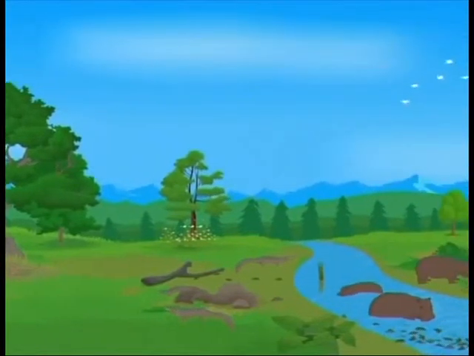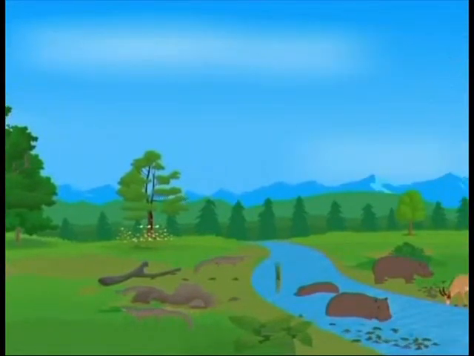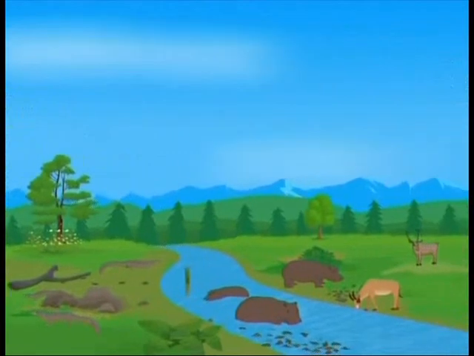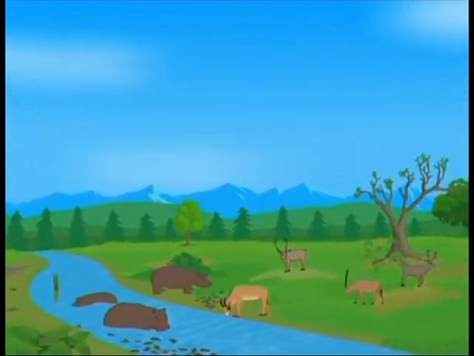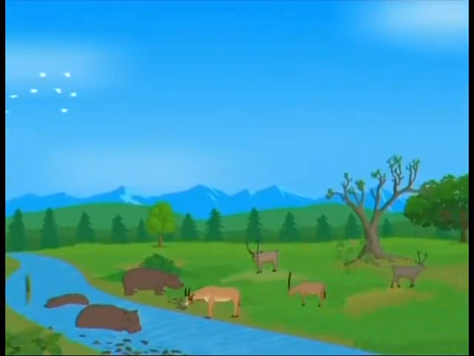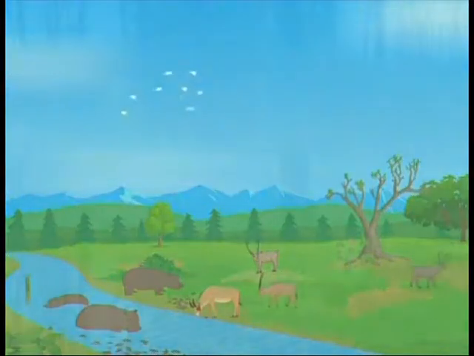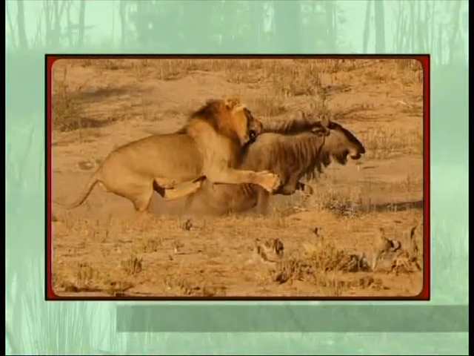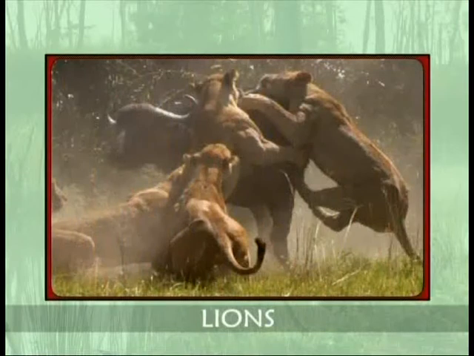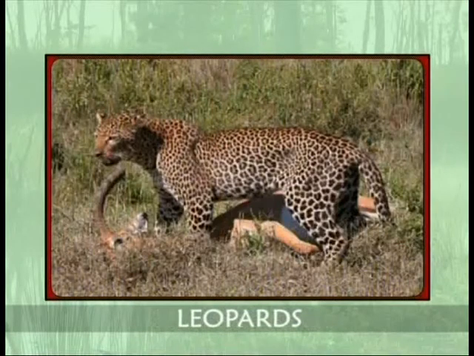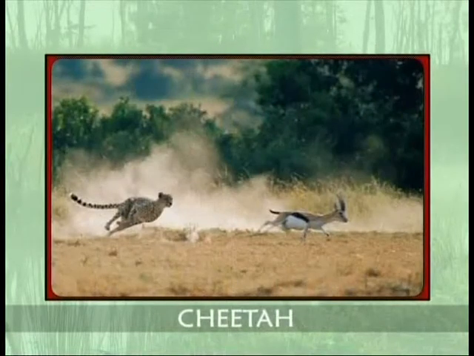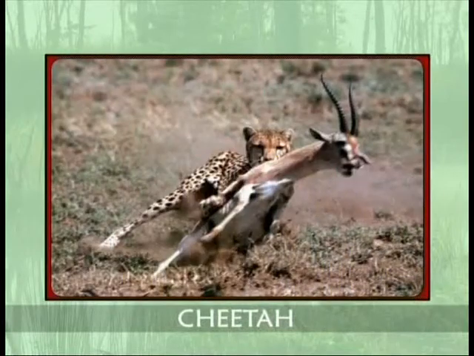Crocodiles and hippos are the permanent habitants of the delta, while other animals visit during the dry season in search of water and fresh grazing grounds. These traveling animals in turn become the prey of lions, leopards, and cheetahs that live in the surrounding savannas.